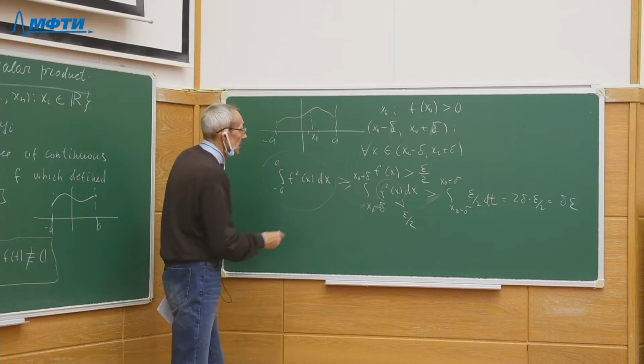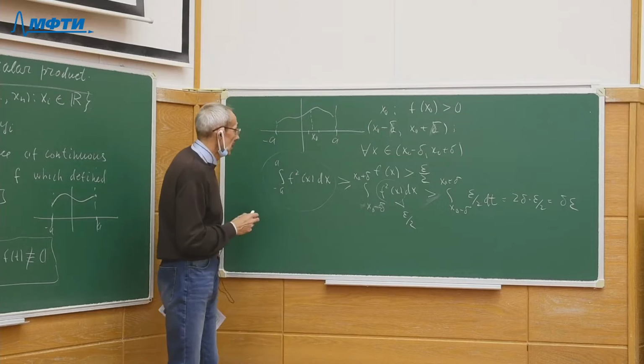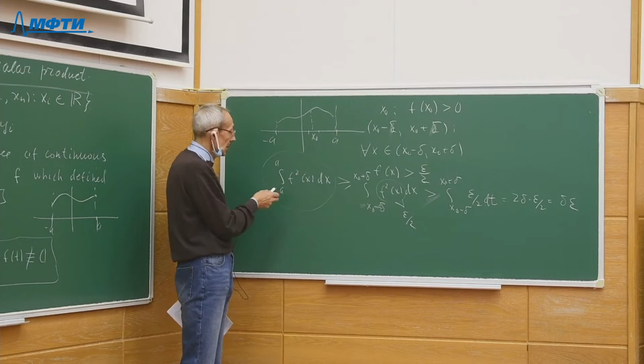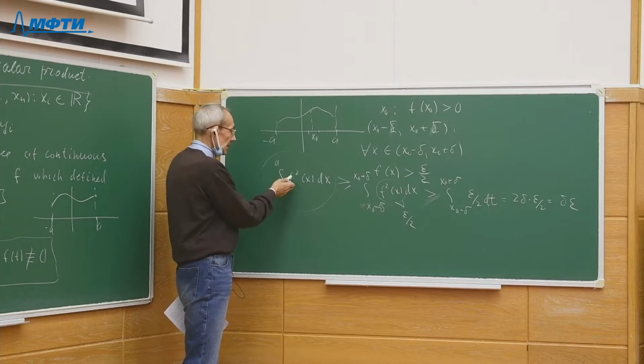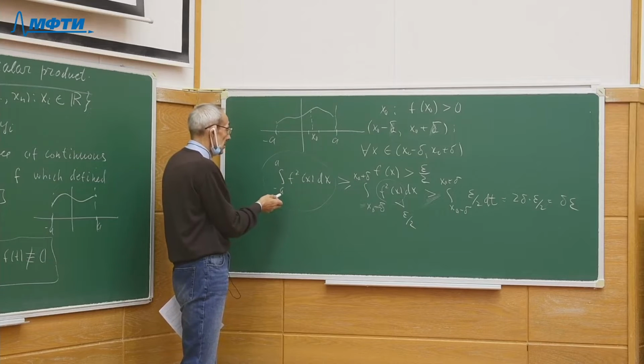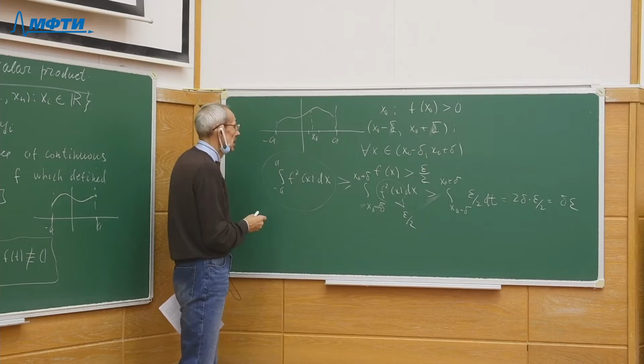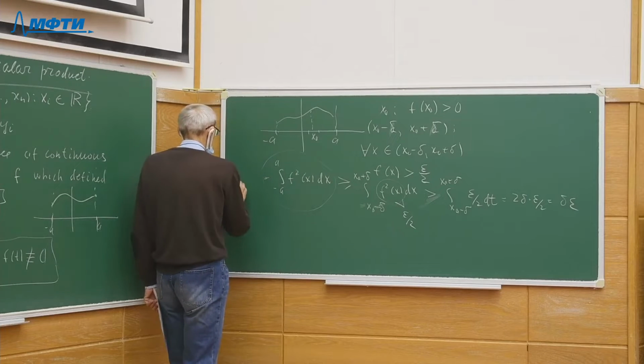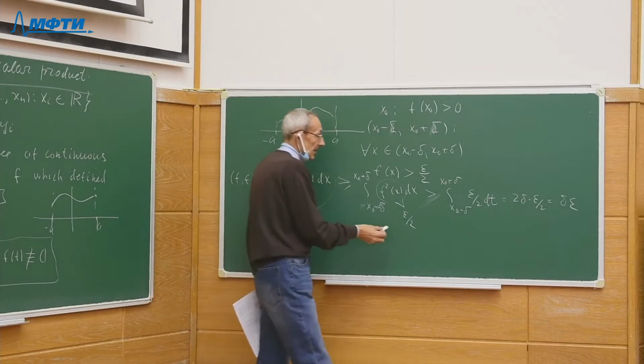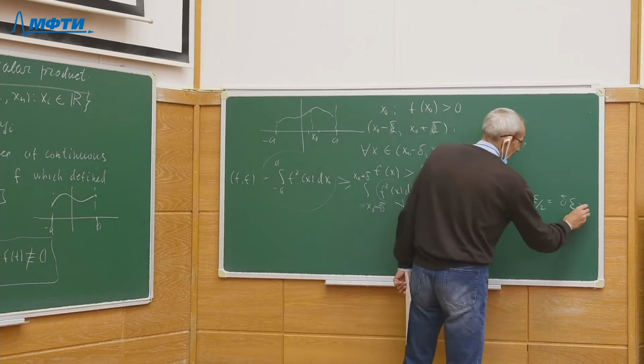We suppose that our initial function is not identically 0, and from this fact it follows that the scalar square of this function is strictly greater than 0.